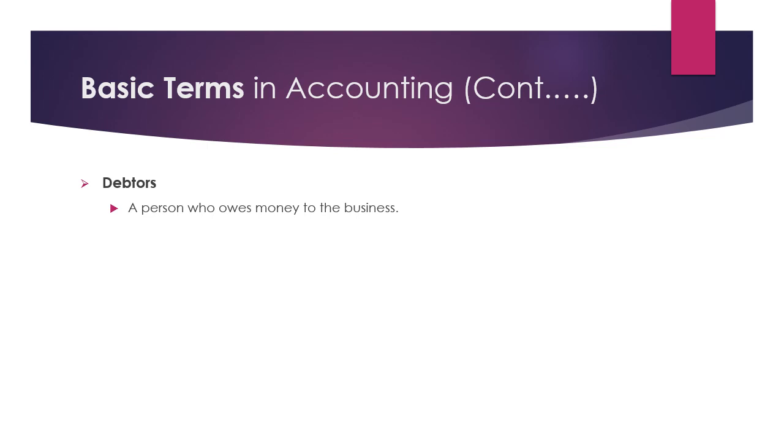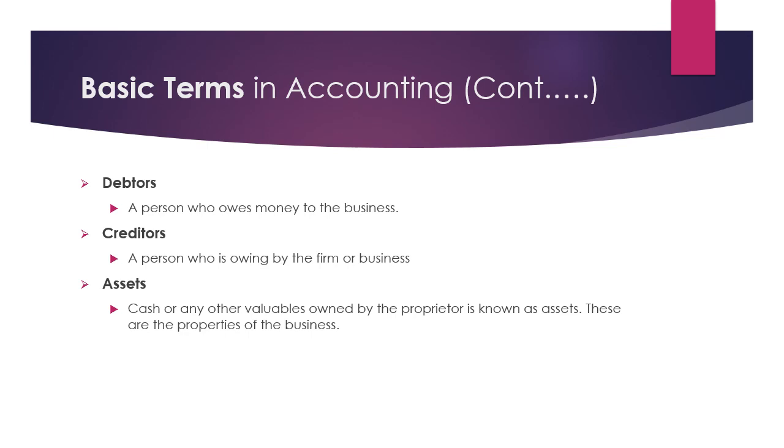A debtor is a person or an entity who is liable or responsible to pay you any amount borrowed or received from you. Creditors. Creditors, on the other hand, denotes people to whom we are accountable. These are the people from whom we may have borrowed money and are responsible to pay back.